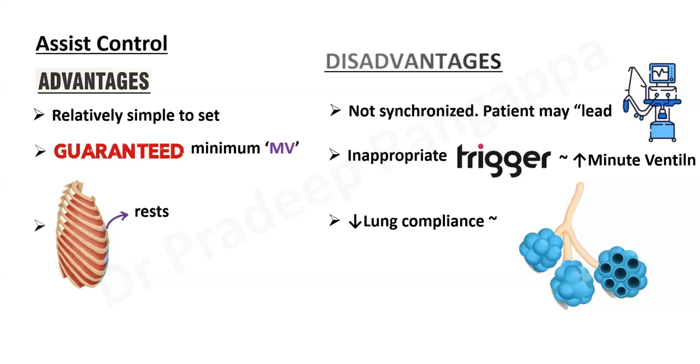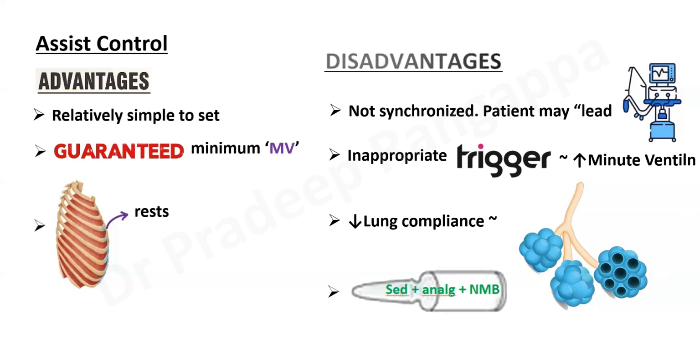And in the setting of low lung compliance, because lung compliance keeps changing dynamically, if the parameters you have set, such as tidal volume, respiratory rate, and IE ratio, are not customized to the patient's needs, there can be a risk of barotrauma in this controlled mode.